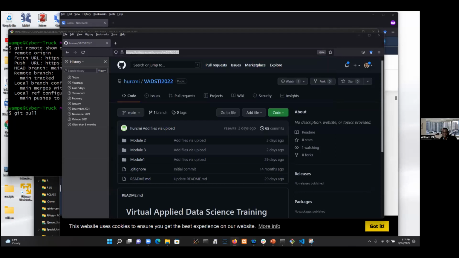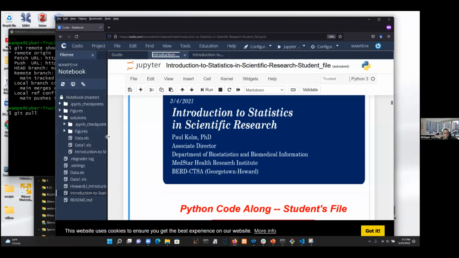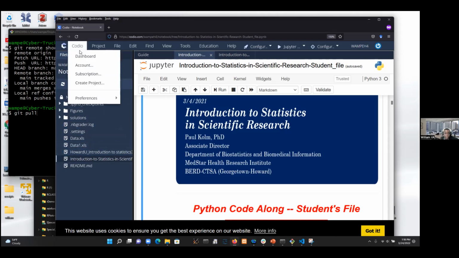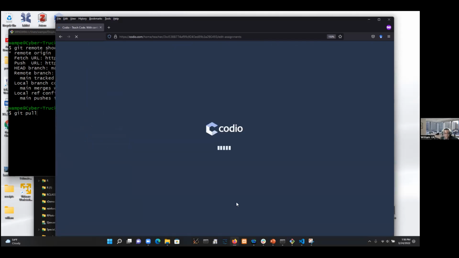And for those who have a Codio account, if you go to Codio, then you don't have to download anything. Just go to Codio and you will see something similar to what I see here.